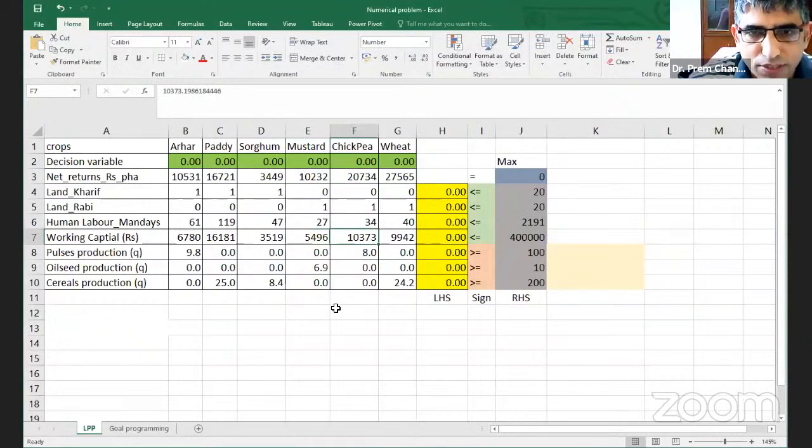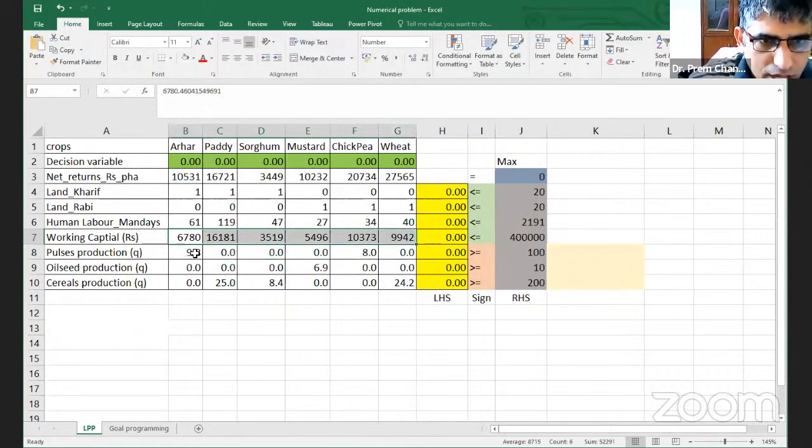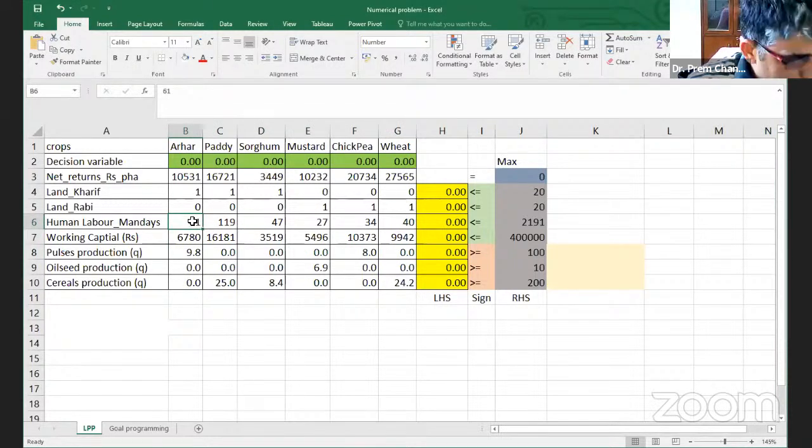For chickpea, it is 10,000 something. And for wheat, it is around 15,000. I have entered capital. I have entered yield. I have entered man days, the human labor requirement. I have just brought it from my table.